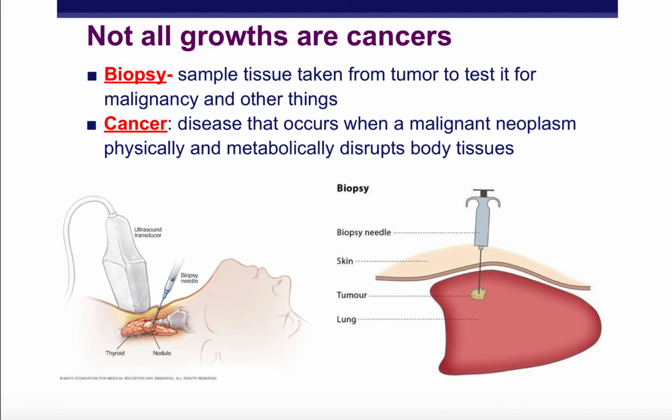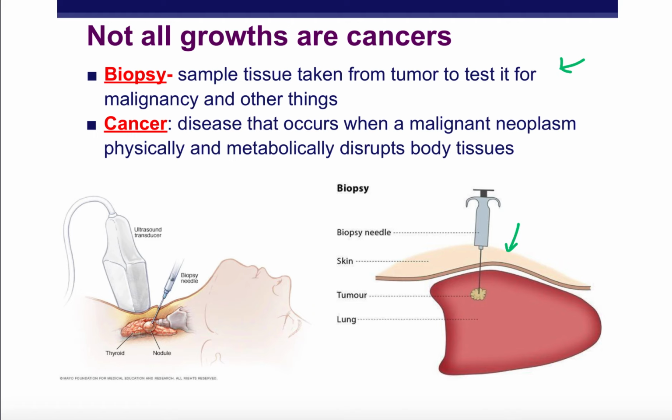So to see if a tumor that's in someone's body is a benign tumor or a malignant tumor, we often do what's called a biopsy. A biopsy is when you insert a needle into wherever the tumor tissue is, and you remove a little bit of the cells from that suspected tumor, and then you analyze the growth of those cells and the DNA of the cells, and you see if it's cancerous from that point.